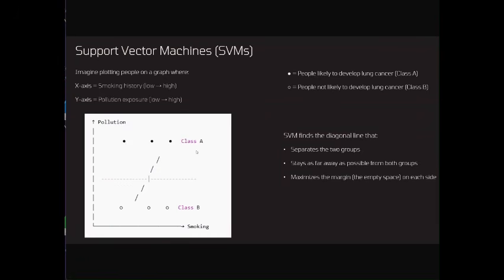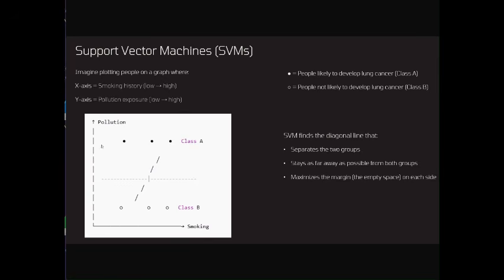Okay? So looking at this now, this light circle is people not likely to develop lung cancer, while this thick one is people likely to develop lung cancer. All right? And how are they classifying it? Based on the increase of pollution and based on the increase of smoking.